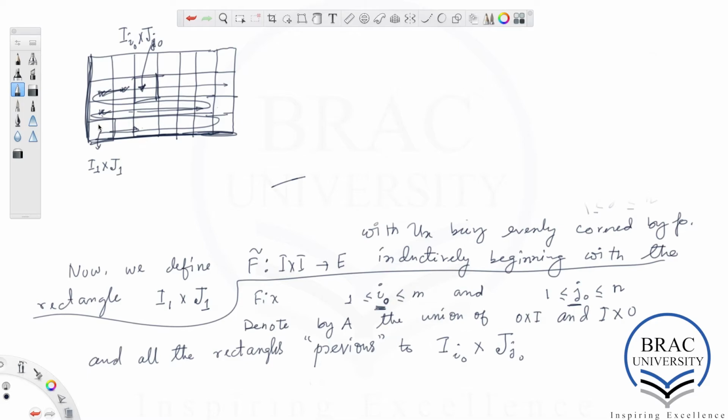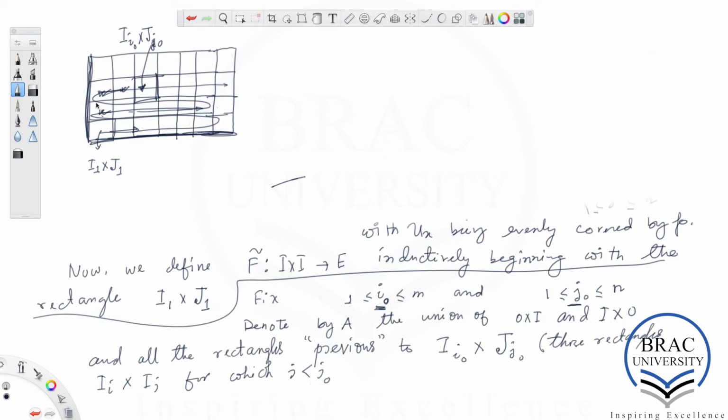consists of all those rectangles I sub i cross J sub j for which j is strictly less than j sub 0.